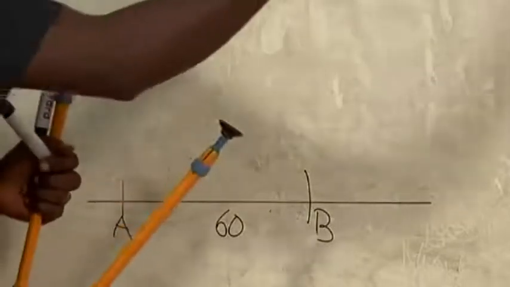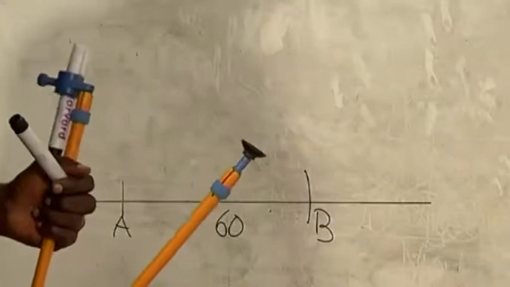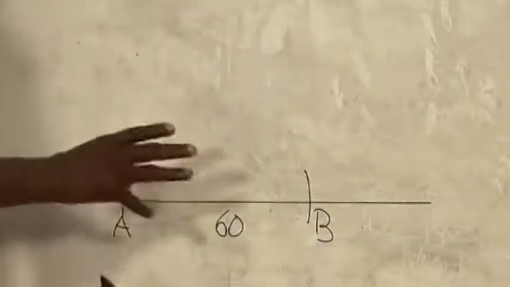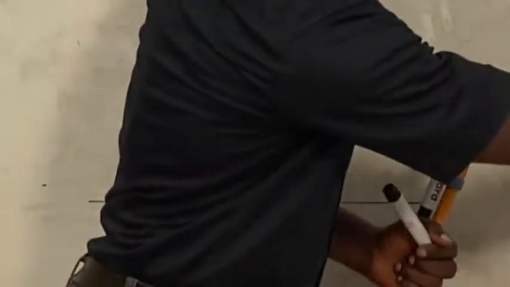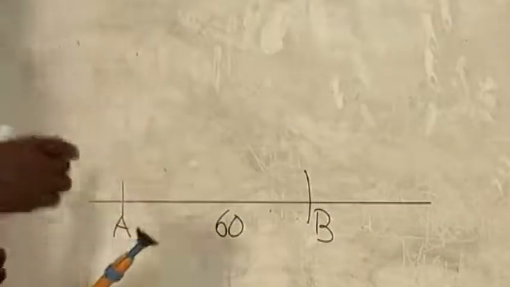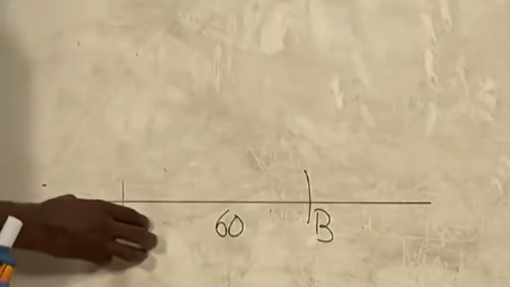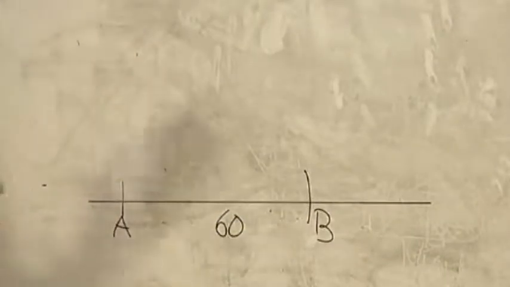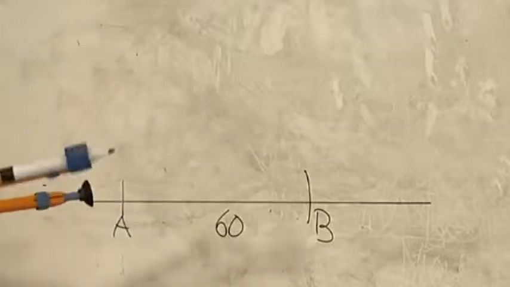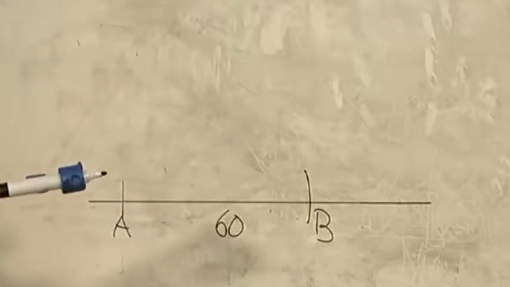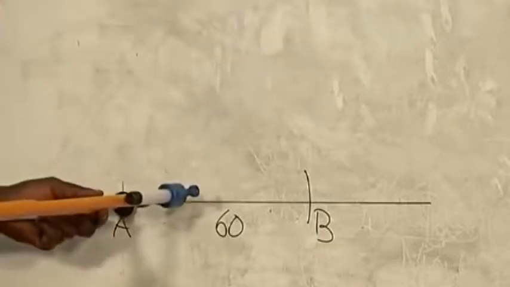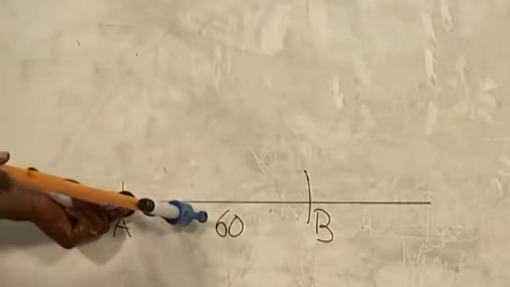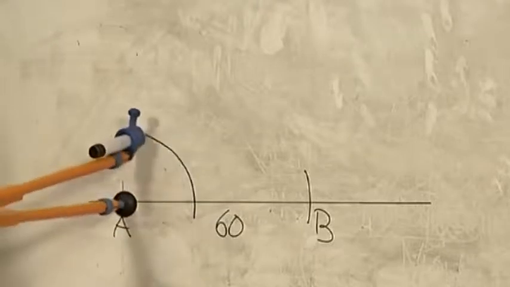Watch. Then I said AC 72 mm. What you do in such case, leave the AC. The next step said angle CAB is 120 degrees. Meaning the angle is going to be at A, 120. How do we do that? You get your compass. I've taught you this before. Get a radius. Get a semicircle at A, like this.